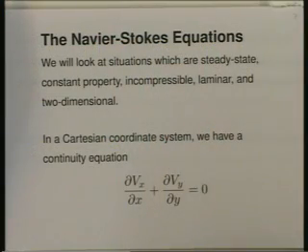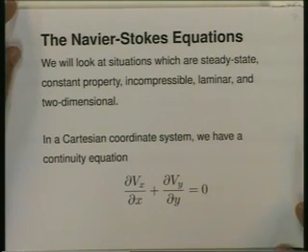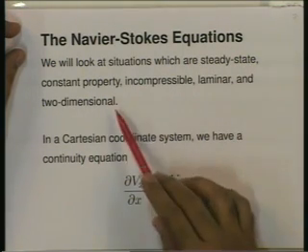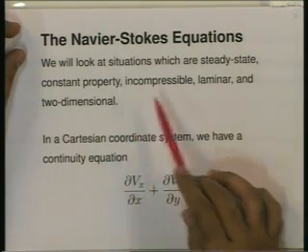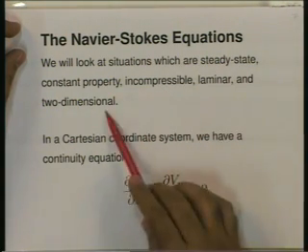We will quickly look at some simple versions of the Navier-Stokes equations. We will assume that apart from the fluid being Newtonian, that is Stokes relations are assumed to be applicable, we will look at situations which are steady state, constant property, incompressible, laminar and two-dimensional.